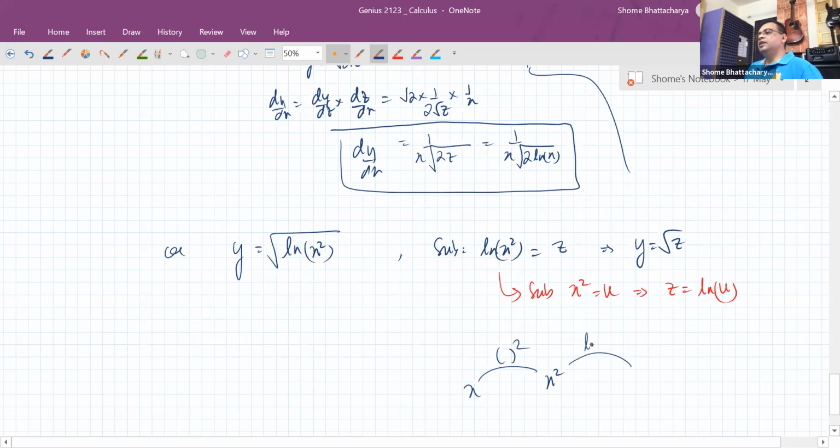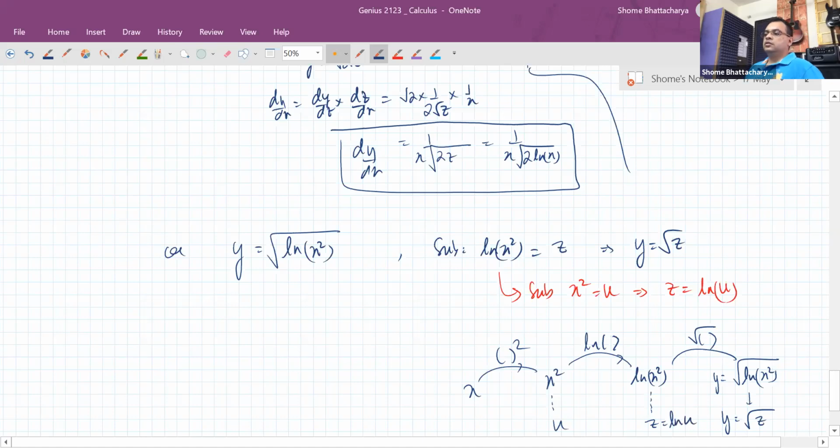Then on that we have operated ln to get ln x square. And on that we have operated square root to get square root of ln x square. So this is our y, which is square root of z. This is our z. This is our u. So z is ln u.